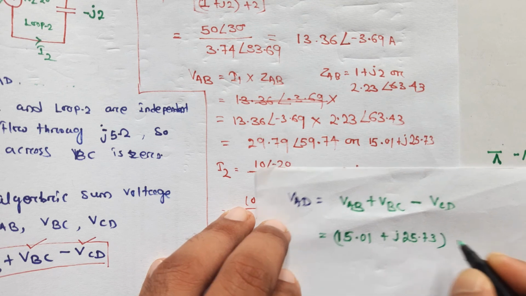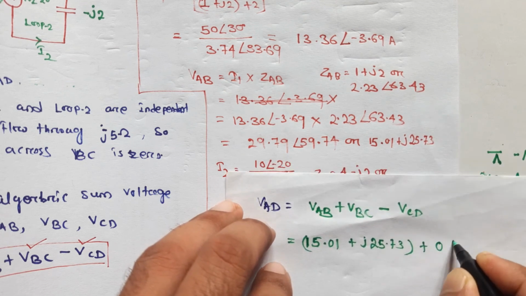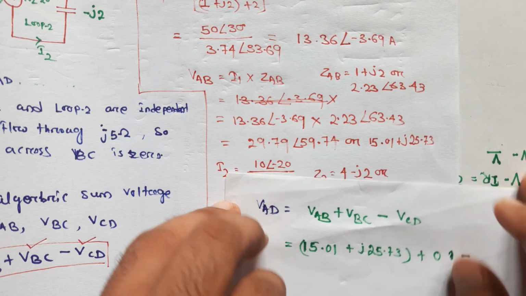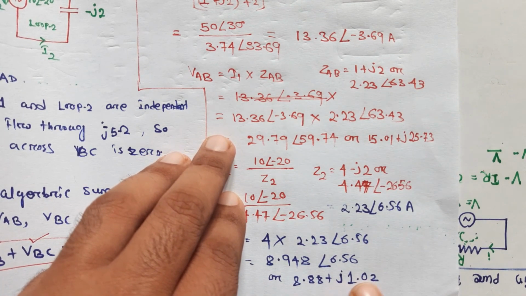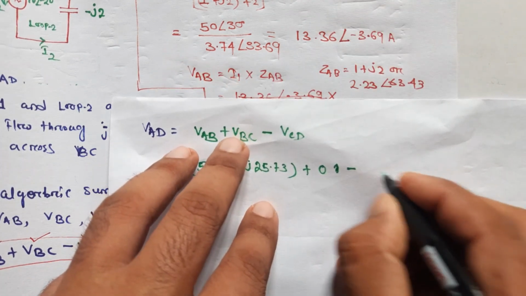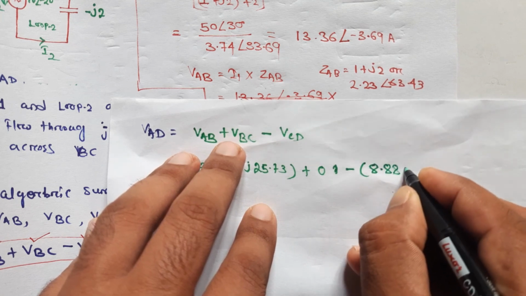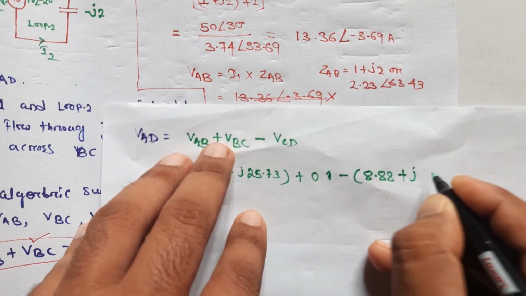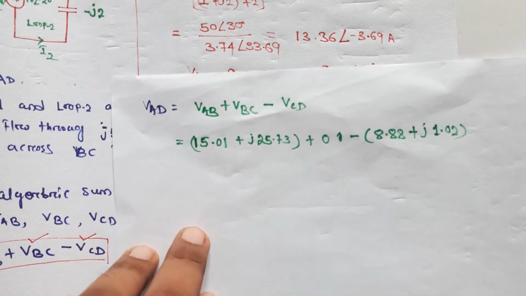Then VBC is 0, then minus 8.88 plus j1.02.